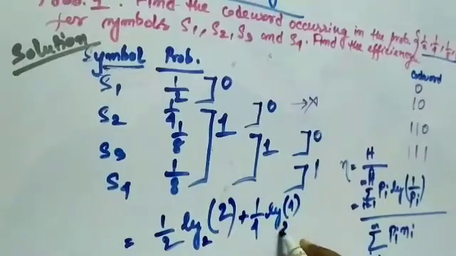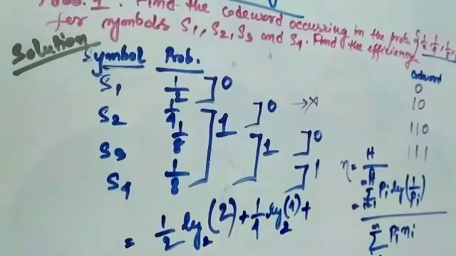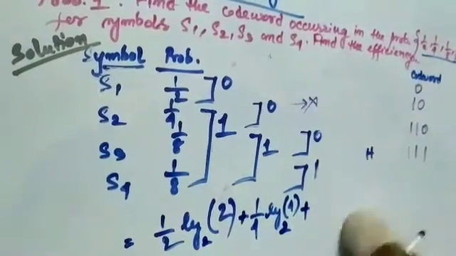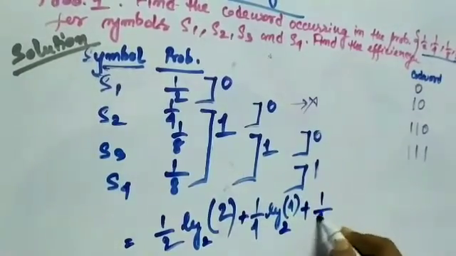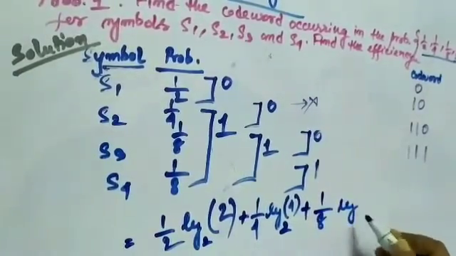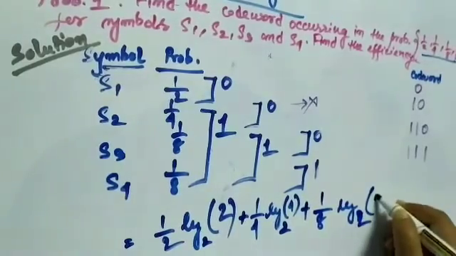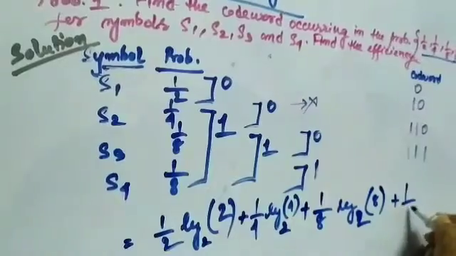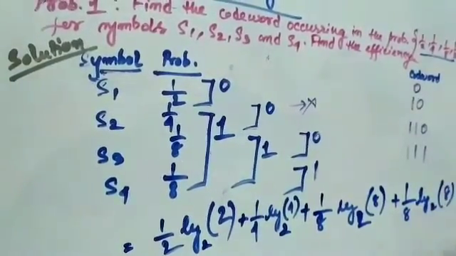These are all base 2. Then 1/8 log 8, and again 1/8 log 8.